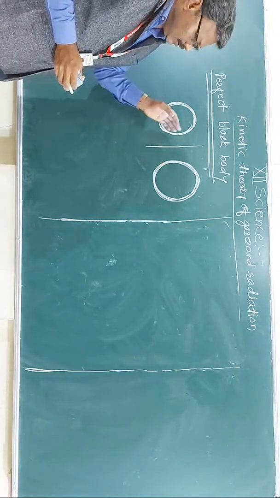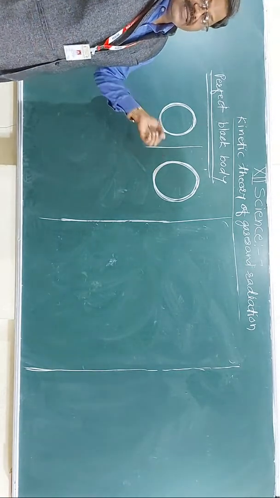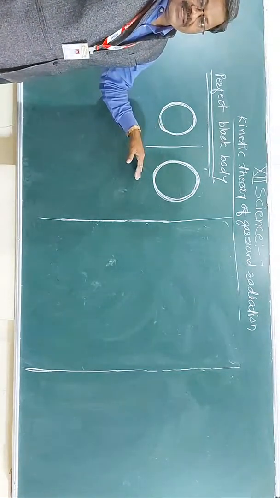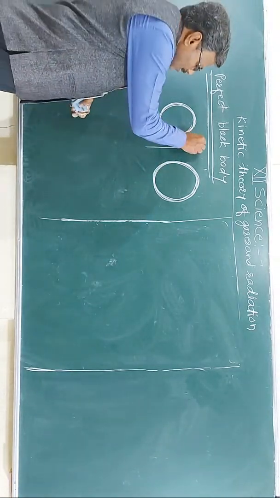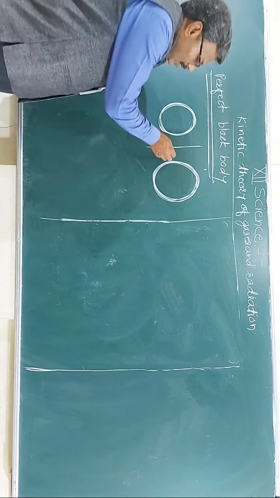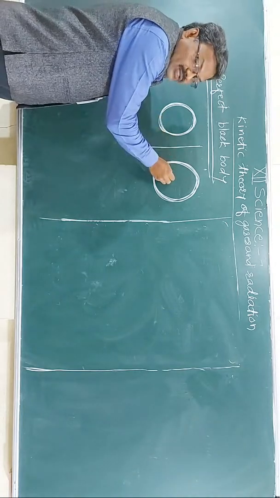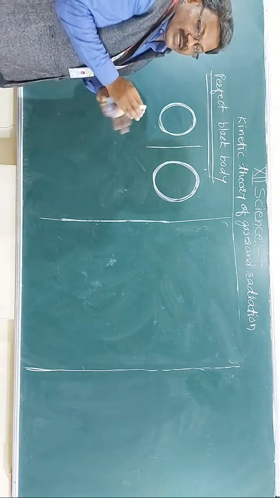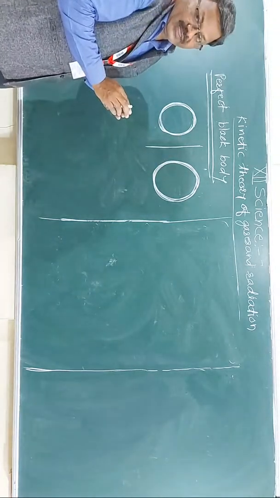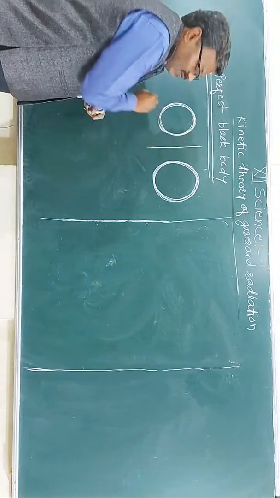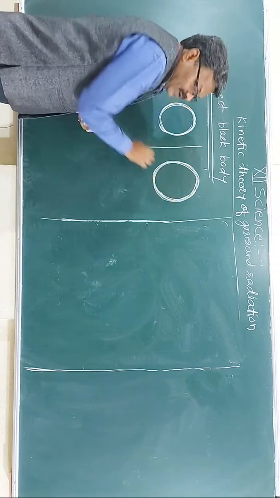The surfaces of these bodies are the same, and they are kept at the same temperature. Means there is no thermal radiation, or heat is not absorbed by this body from that body. Means there is no exchange of heat between these two bodies. This is the nickel polished or silver polished, while this is the lamp black surface.